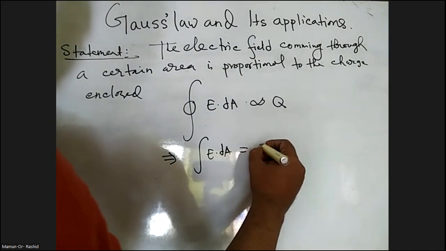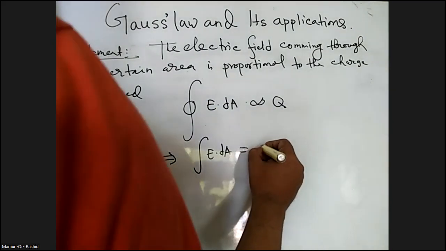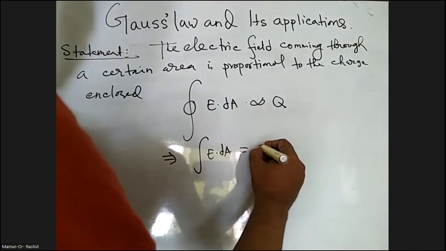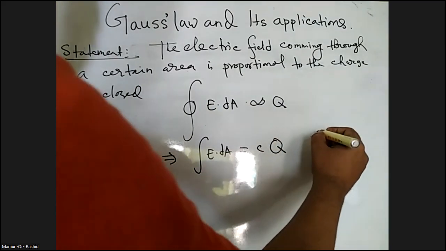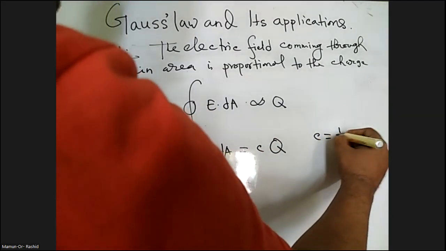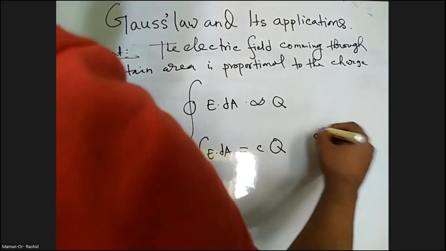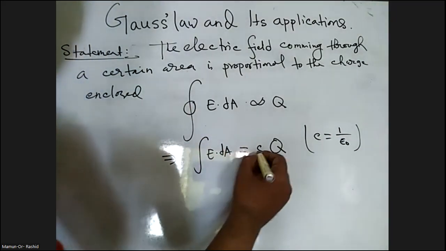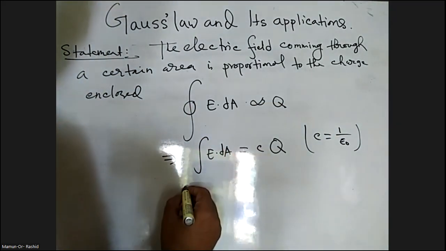This can be written as equal to small c times Q. We can take small c as 1 by epsilon naught. This is the proportionality constant.